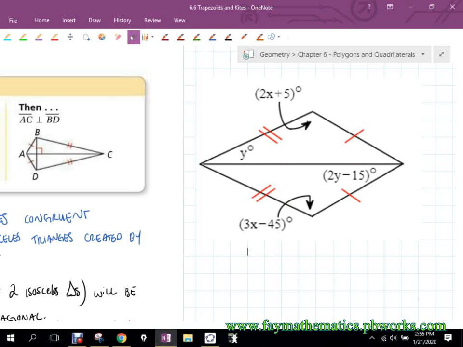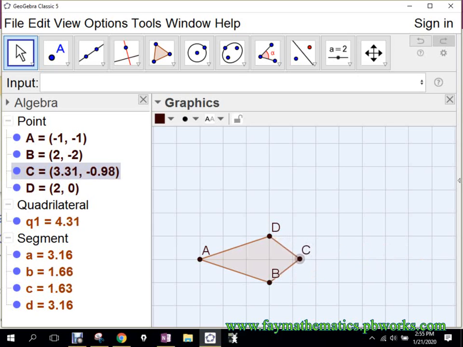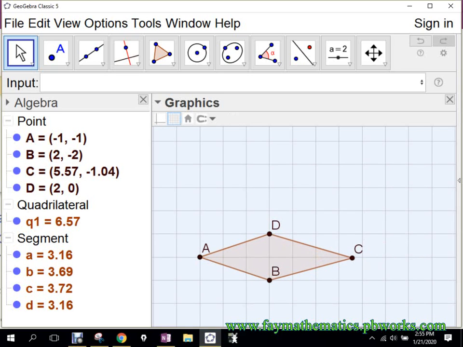They make it look like a kite, but it's a kite that looks very similar to a rhombus. Would you guys agree with that? So I'm just going to go to GeoGebra real quick again. If I look at this right here, that's my rhombus. Your homework question does like that. They just move it a slight bit, and they're doing that on purpose.